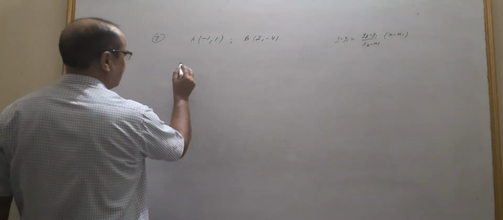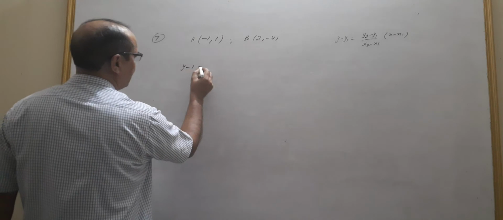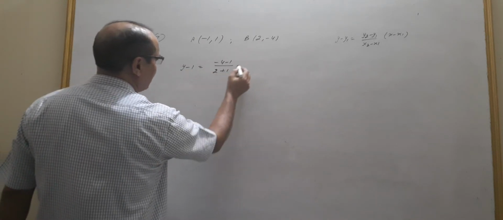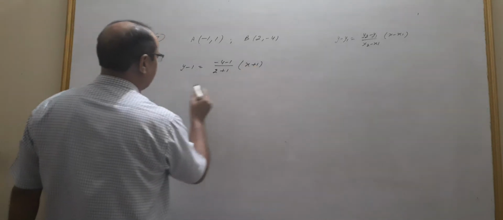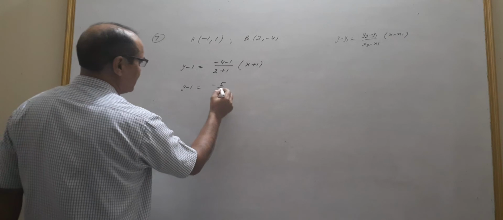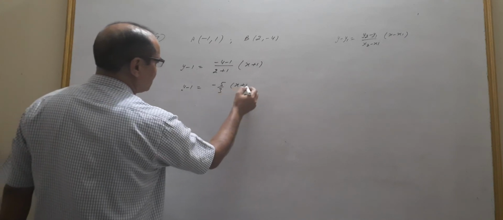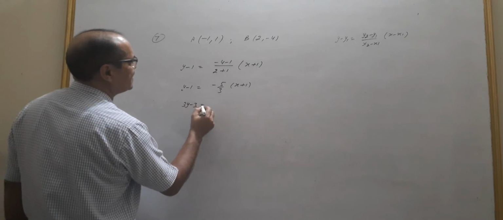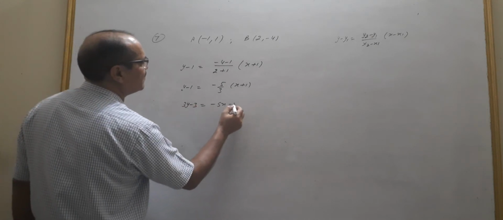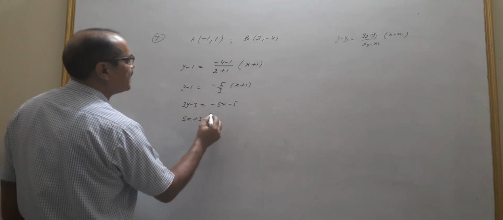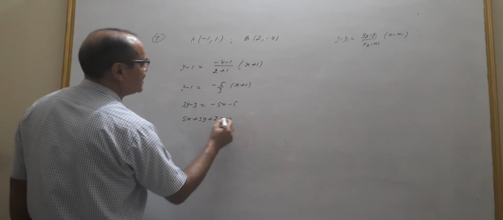So therefore by applying the 2 point form, that is y minus y1, y2 minus y1, x2 minus x1 and whole into this. This can be written as y minus 1 is equal to minus 5 by 3 and whole into x plus 1. Then on cross multiplication this will give you 3y minus 3 is equal to minus 5x minus 5, or 5x plus 3y plus 2 is equal to 0.